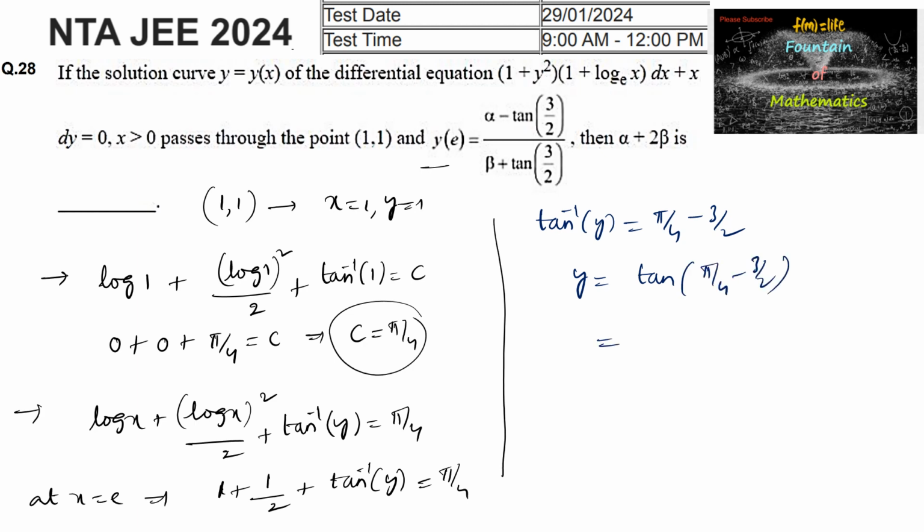So tan(a − b) is (1 − tan 3/2) divided by (1 + tan(pi/4) · tan 3/2), that is 1 plus 1 into tan 3 by 2.